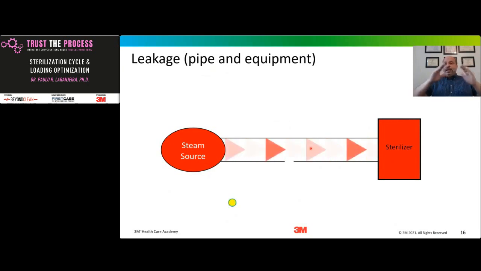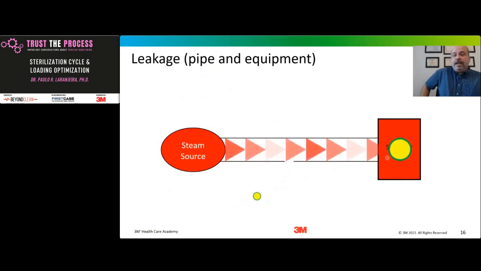I'm not going to see any more drops or steam coming out, and actually, I'm going to have air being pulled inside of the chamber because of the venturi effect. A gas in speed, flowing through a tube, if I have a crack, is going to pull outside air inside of the chamber. And you don't see that.